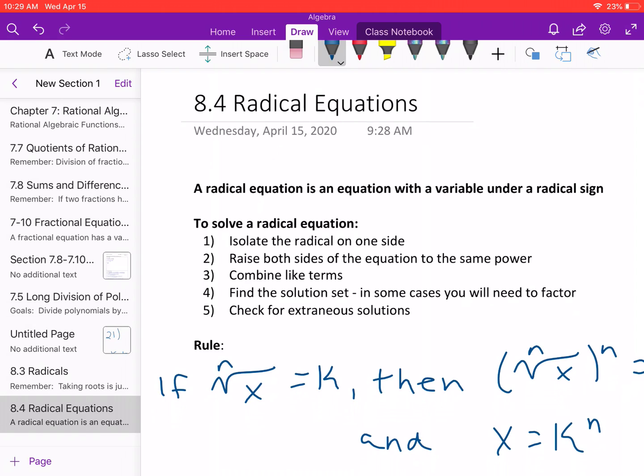You might need to repeat steps 1 and 2 like we did in our last example if there are still radicals. Then you will solve for x and then check your answers. If you have the third root, that would be taken to the third power. If you have the fifth root, it would be taken to the fifth power, and so on and so forth.